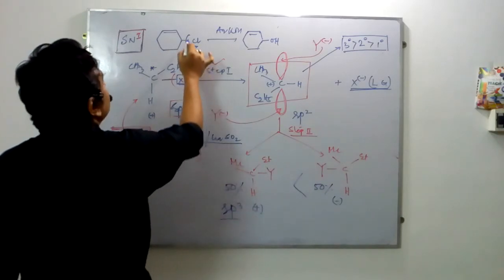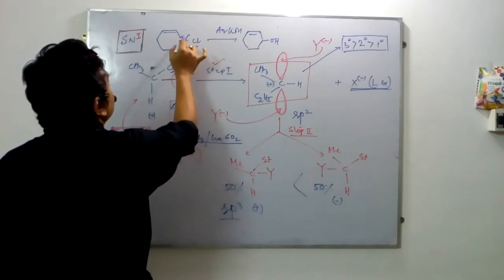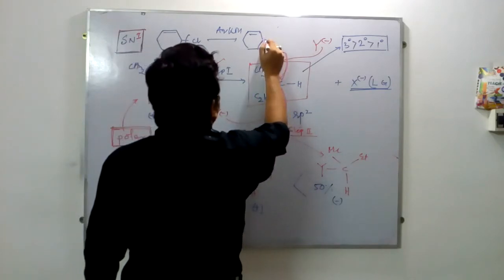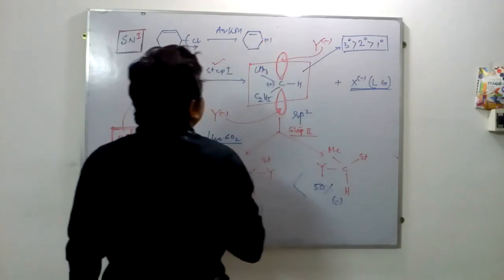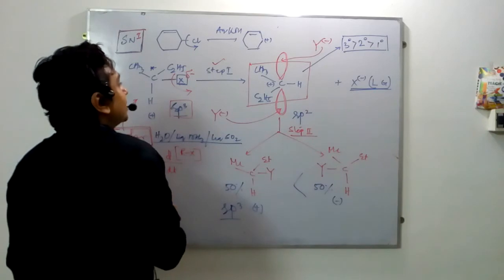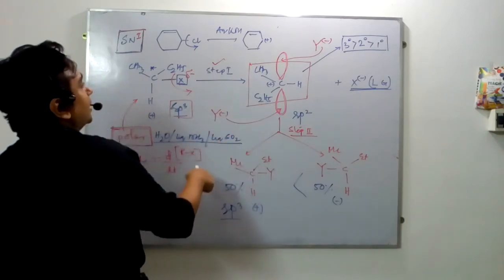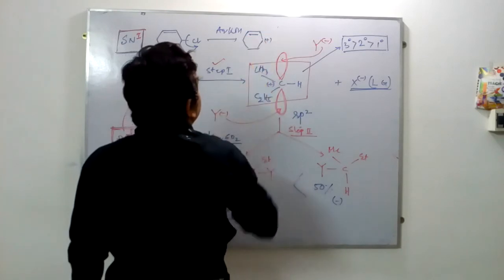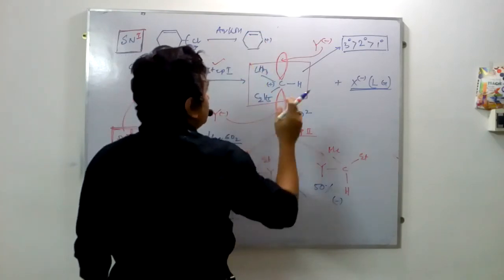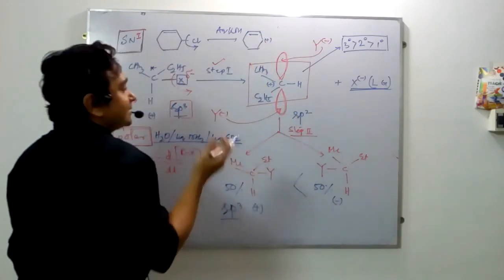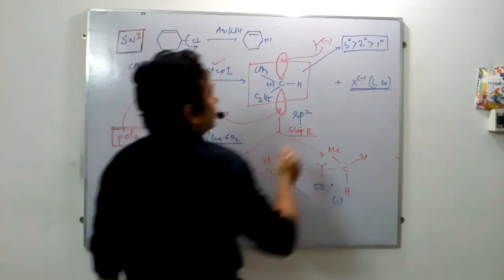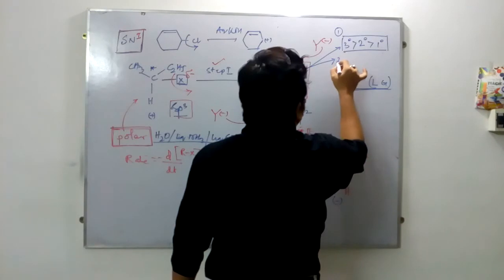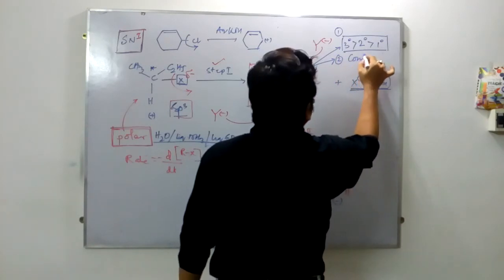Now the Cl minus will go out and temporarily there will be a formation of a carbocation. So if we think that this is the carbocation which is going to form as an intermediate, the stability of the carbocation is very important in case of SN1. Here the carbocation is very stable as there is a conjugation. So conjugation is a point which enhances the stability of the carbocation. Not only degree. If degree is number 1, then the second point we need to discuss is conjugation.